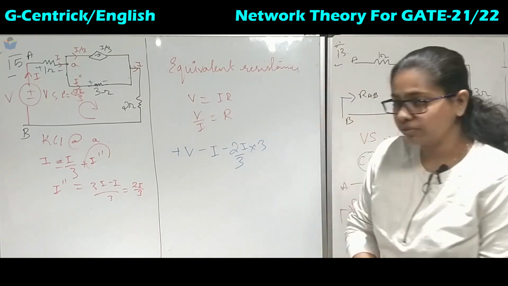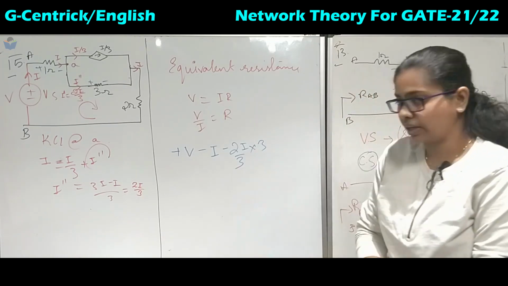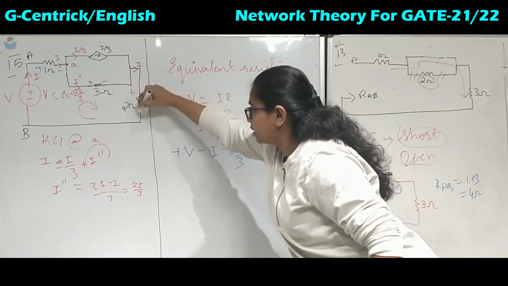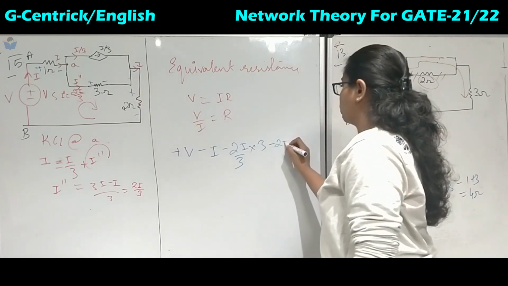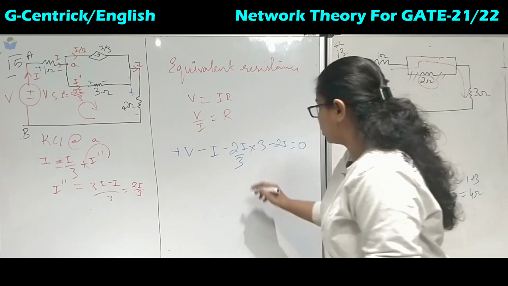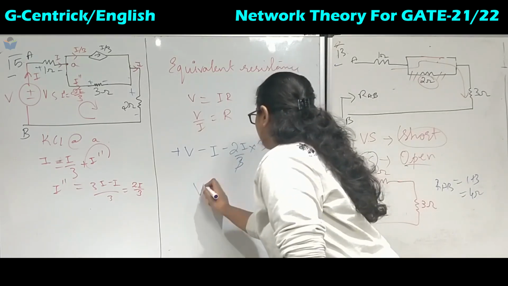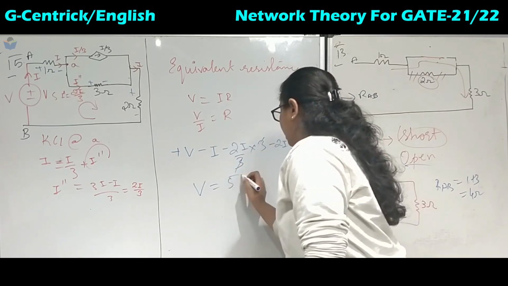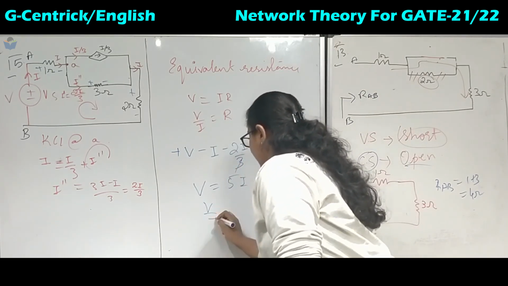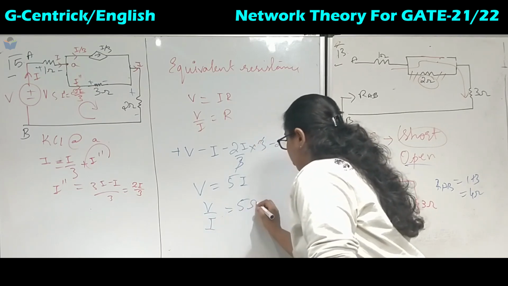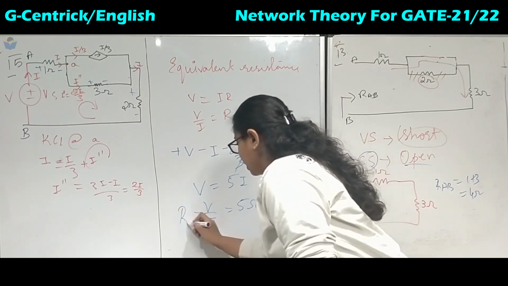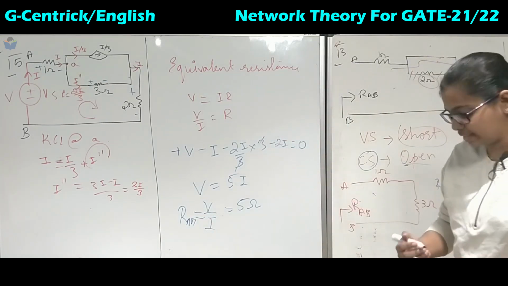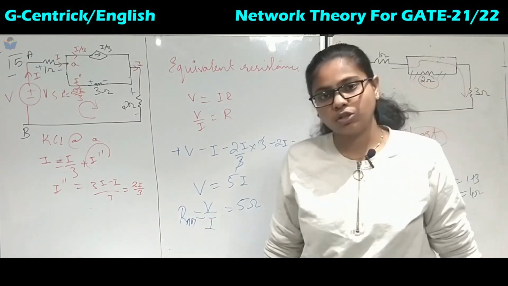Okay, multiplication of current into resistor. Then again coming back here, so this is plus and this is minus, it is minus 2I equal to 0. So now this 3 gets cancelled, V is equal to 3I minus 5I. So now V by I is equal to 5 ohms. So this is nothing but RAB. Okay. So this completes this equivalent resistance problem.